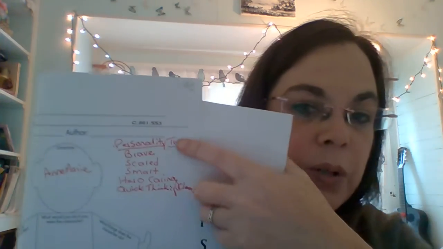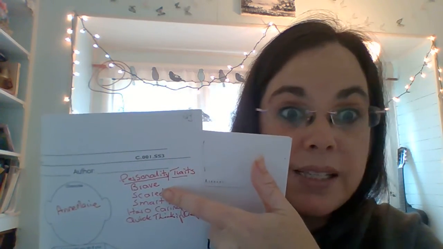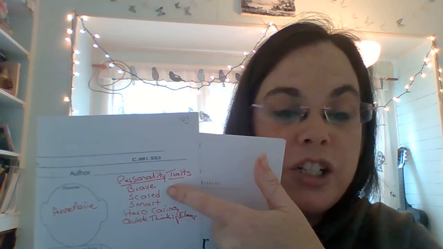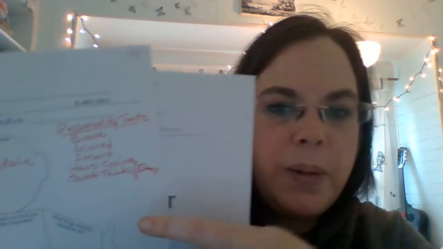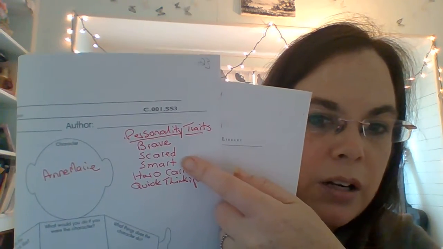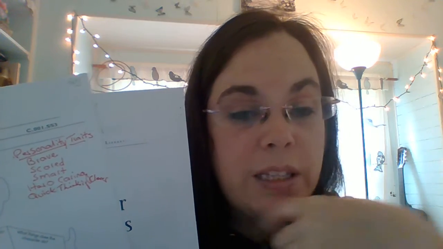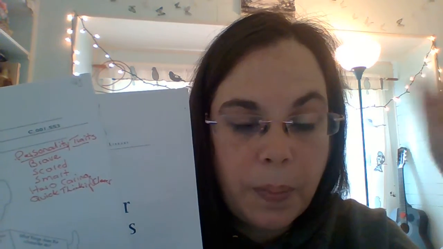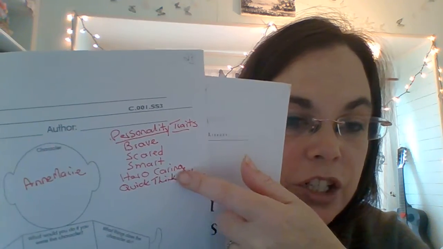So like we said that Anne Marie is brave because of the way that she stood up for Ellen. She's also kind of scared. And she even thinks about whether or not she can be brave when she needs to be. We also said that she's smart or clever, especially when she comes up with using Lise's picture, and that she's quick thinking, and that she's caring, and that she's a hero.